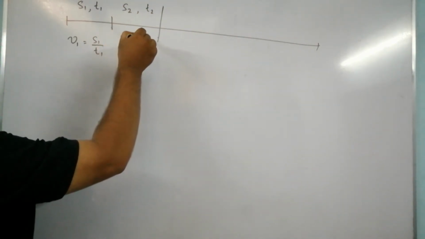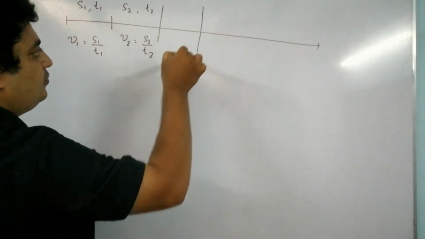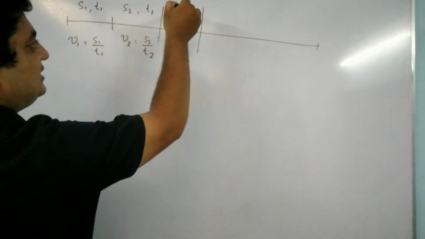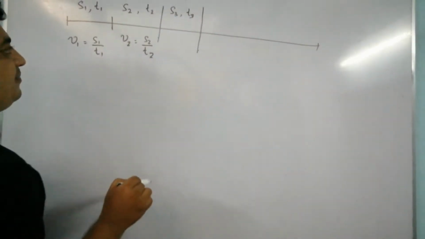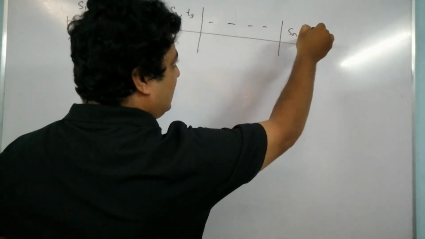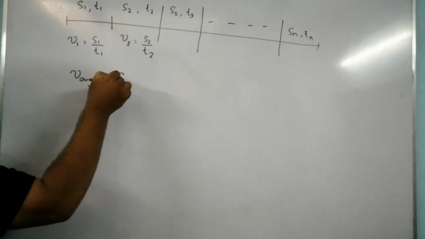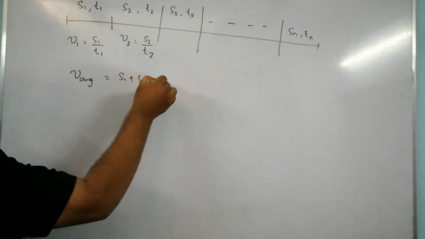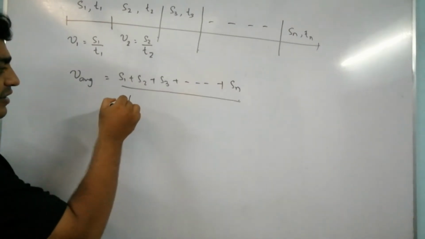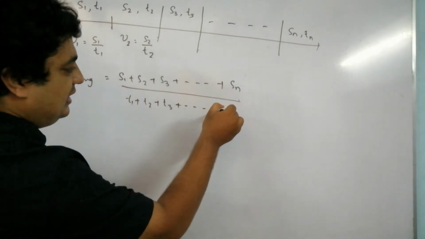So its speed will be s2 by t2. Now, it covers s3 distance in time t3. Like that, it covers sn distance in time tn. Now, its average speed will be s1 plus s2 plus s3 up to sn divided by t1 plus t2 plus t3 up to tn.